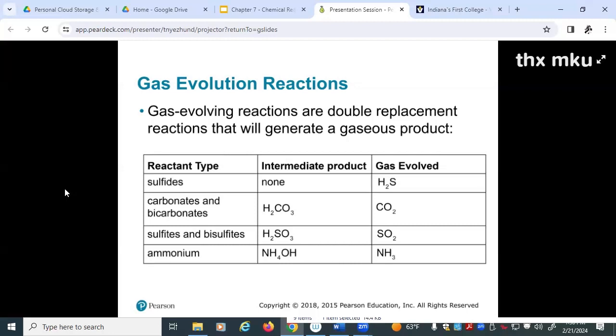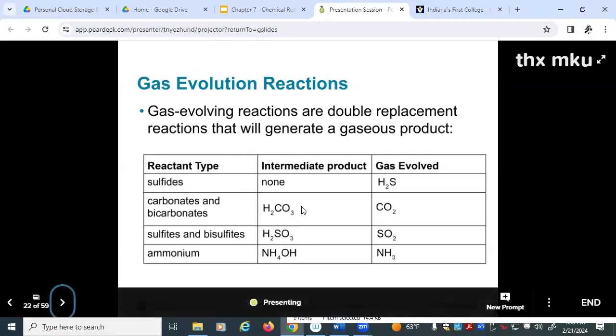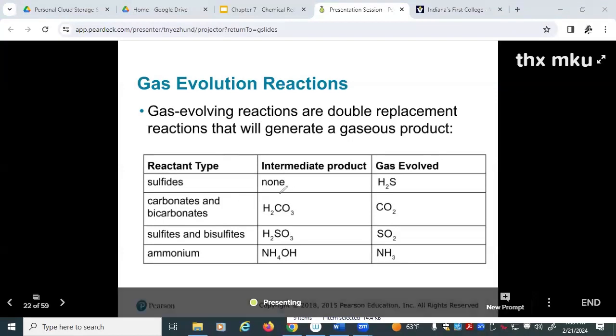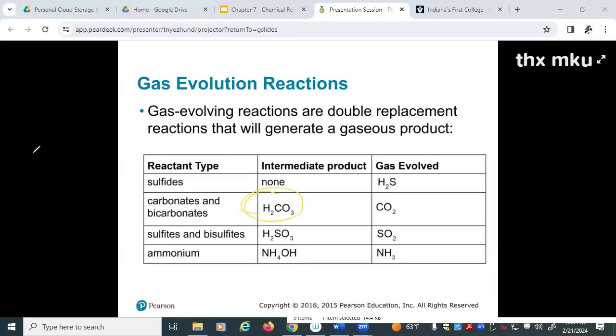A good example is when a double replacement reaction generates carbonic acid, H2CO3. The carbonic acid breaks down and we end up getting carbon dioxide and water forming at the same time.